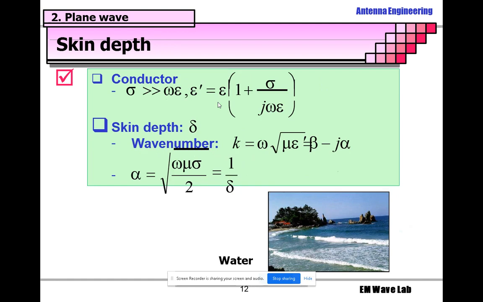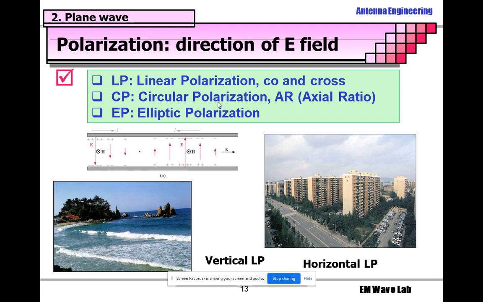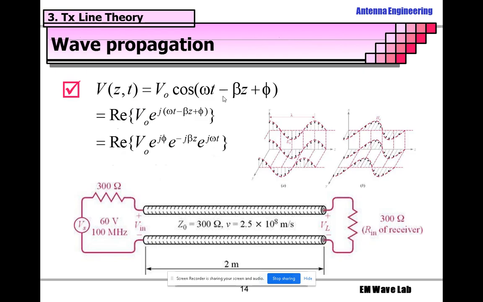Skin depth is nothing but the amount of the electromagnetic waveform that has penetrated into the conductor. That will be called skin depth. Sigma. And then polarization. Here you will have 3 types of polarization: linear, circular, and elliptic. This will be learned in this unit.